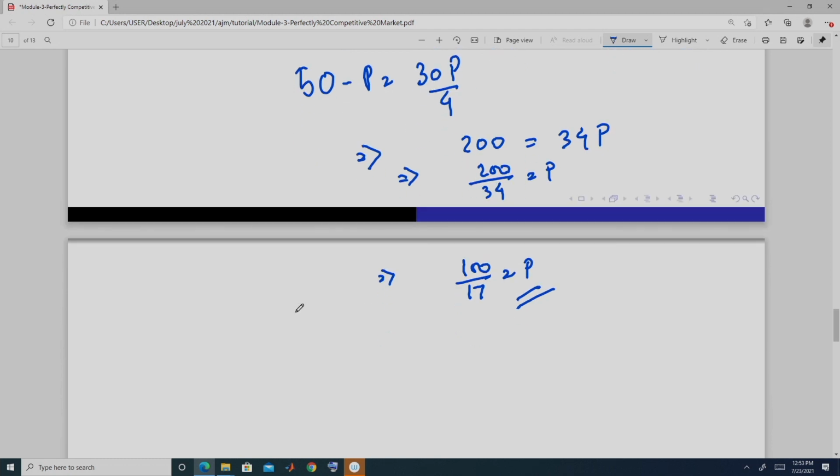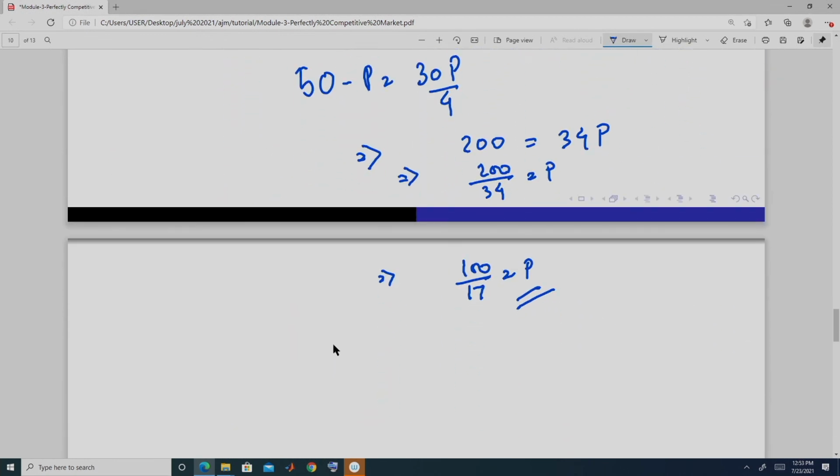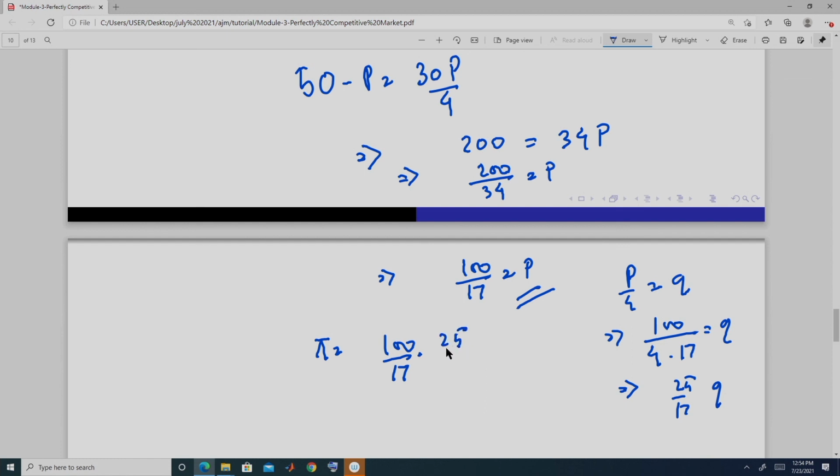Now, are the firms making normal profit? So, this is the price. So, profit is this, output of each firm P by 4. So, this is the profit.